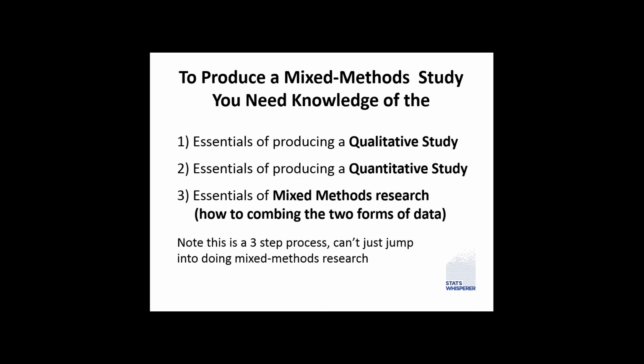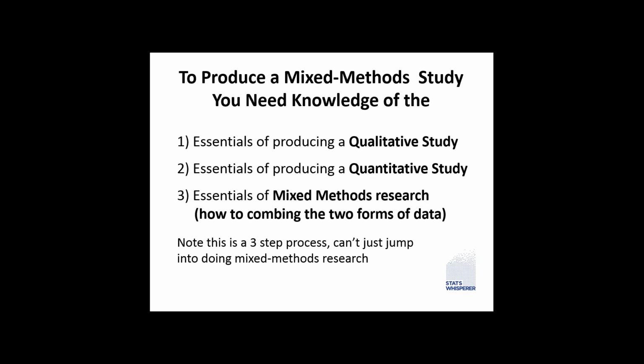Now, to produce a mixed methods study, you need knowledge of, as we said, the essentials of producing a qualitative study, so you have to be a good qualitative researcher. Then you need the essentials of producing a quantitative study, so you have to be a competent quantitative researcher, right?